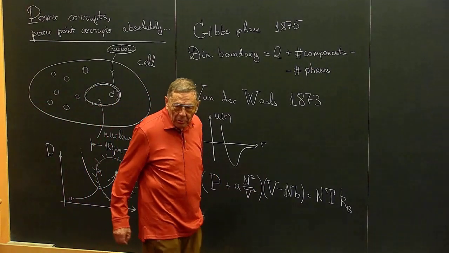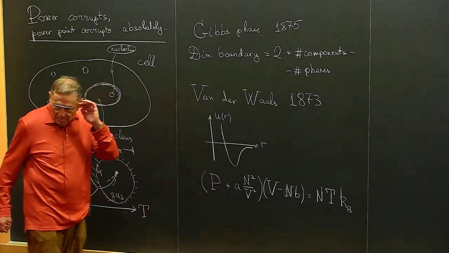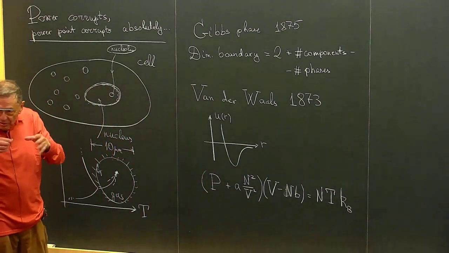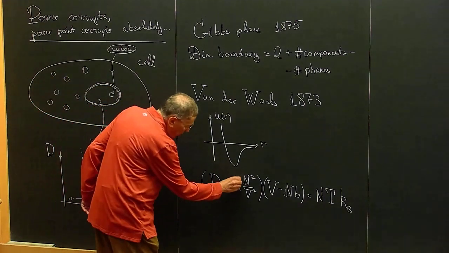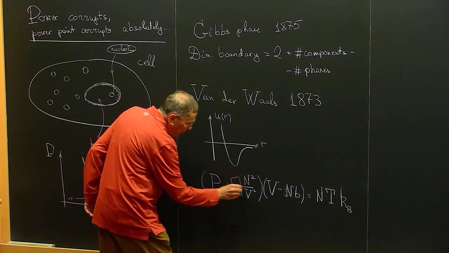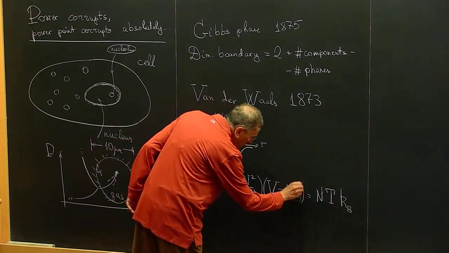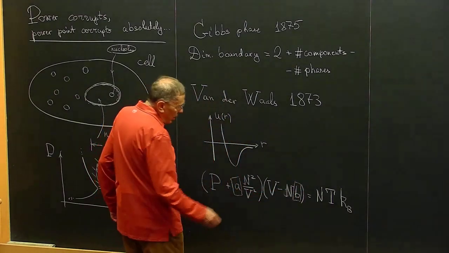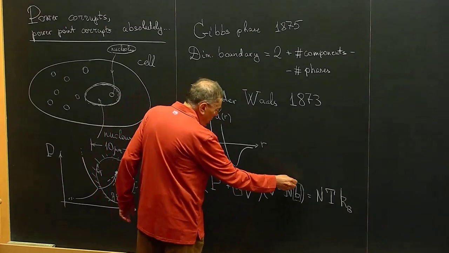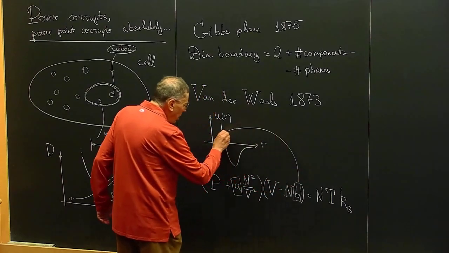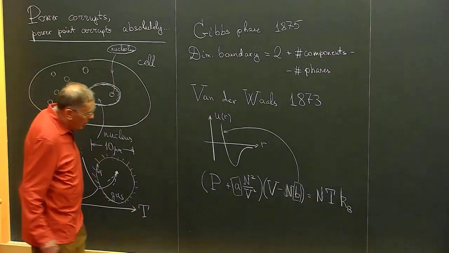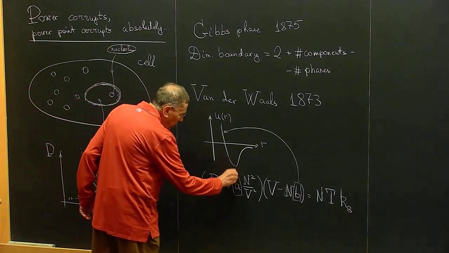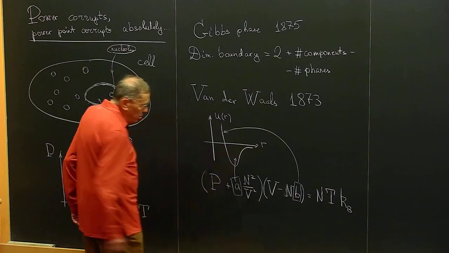So if you want the Boltzmann constant, just insert it in the proper place. So those are material-specific parameters, and this b has units of volume, as you see, and this b has to do with the short-scale repulsion, while a is mostly due to attraction.